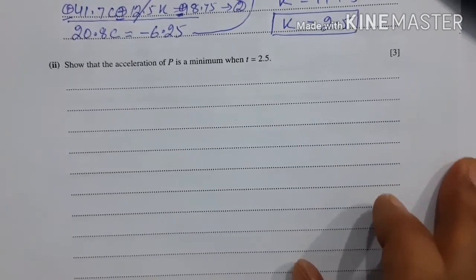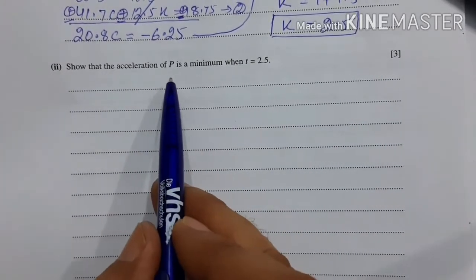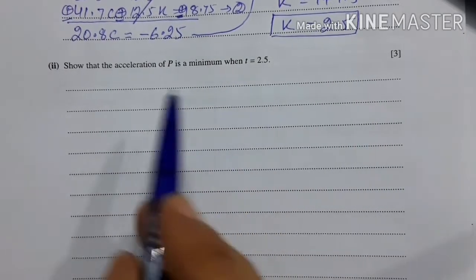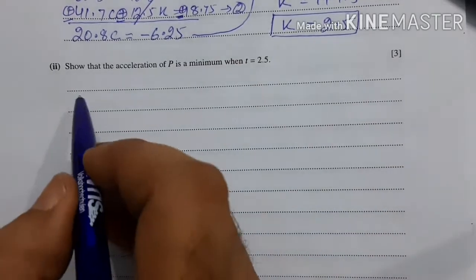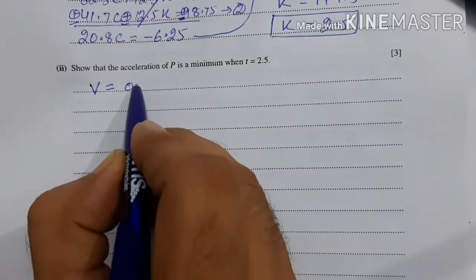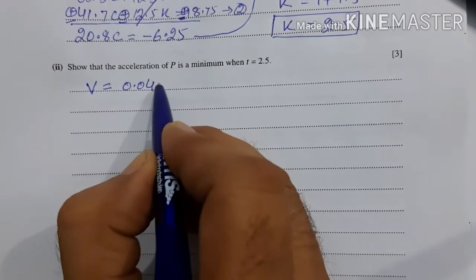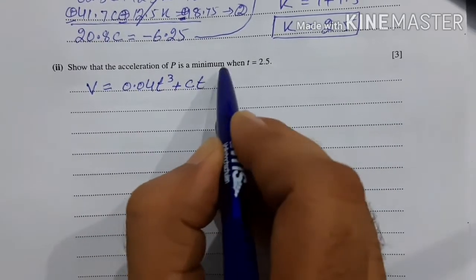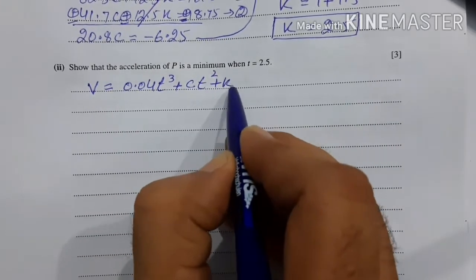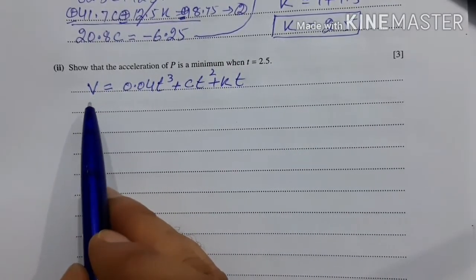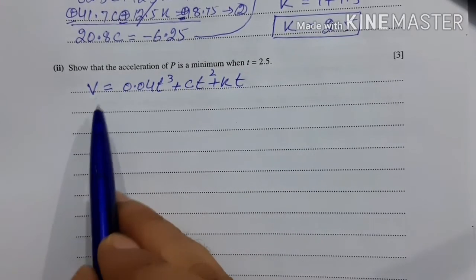Now part 3. Show that the acceleration of P is a minimum when t is 2.5. Okay, so I got the expression v is equal to 0.04t cubed plus ct squared plus kt. So I need acceleration, and I know that acceleration is dv by dt.